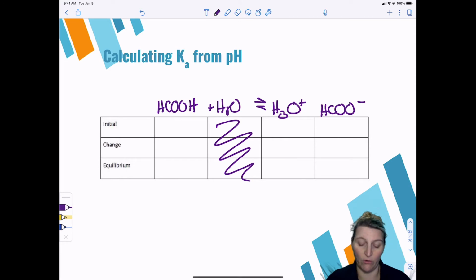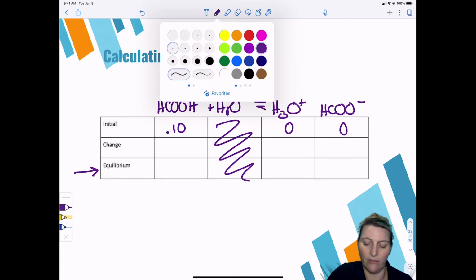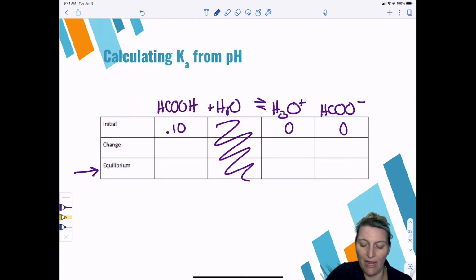I'm just going to put an X through it all the time. My original concentration of the formic acid is 0.10, and these guys start out as 0. And I basically want to find all those numbers in that equilibrium row. I have one more piece of information that is really important. The question told me that the pH of that solution was 2.38.